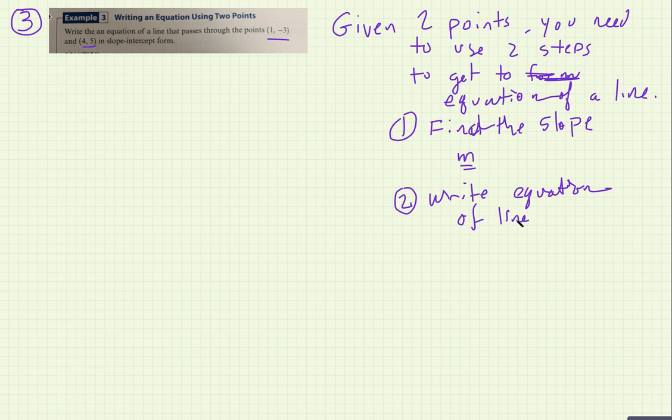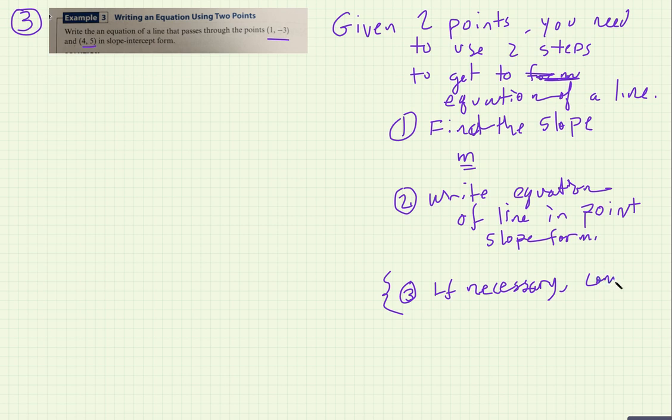My writing is a little bit messy on this tablet. And now point number 3, I'm going to put it in brackets: if necessary, convert.